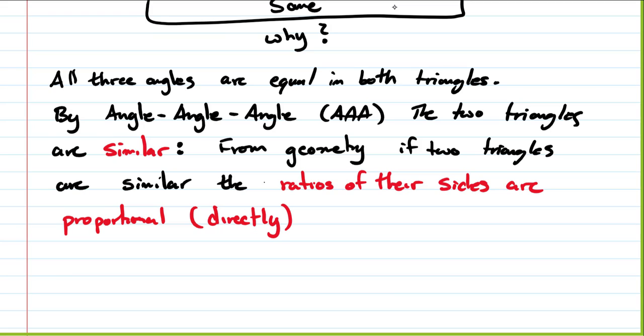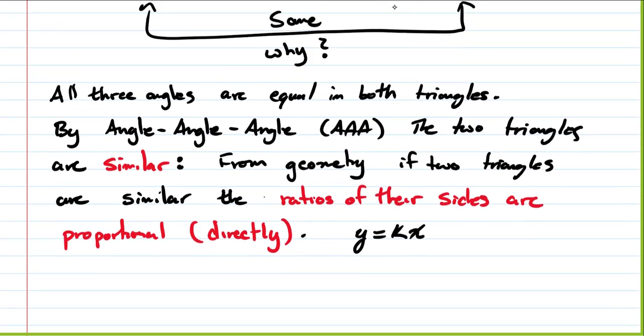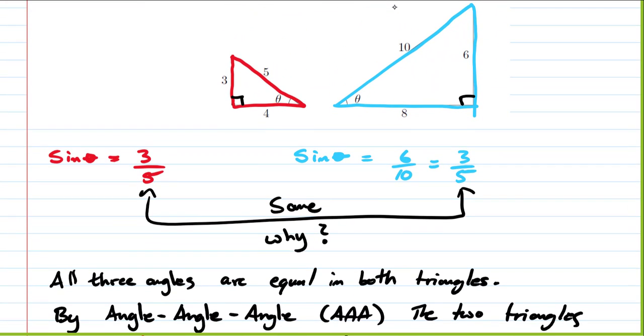Strictly speaking, they're directly proportional. So that would mean their side lengths are related by an equation y equals k times x. Well, if that's the case, we'll notice, well, indeed, 10 is 2 times 5, 2 times 4, and 2 times 3. So our proportionality constant in each of those cases is 2.